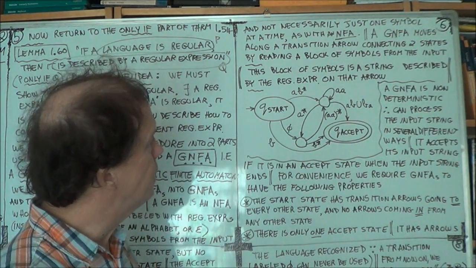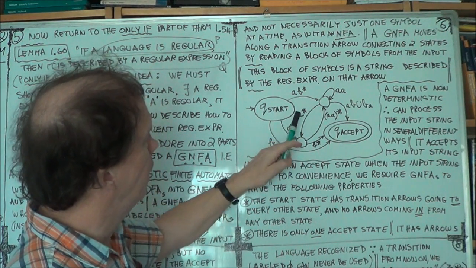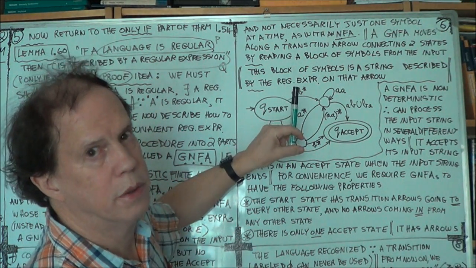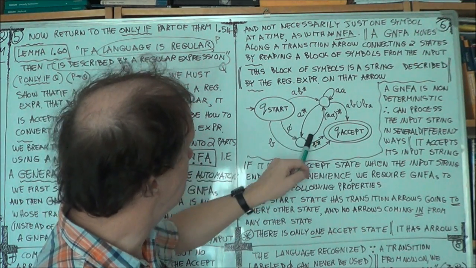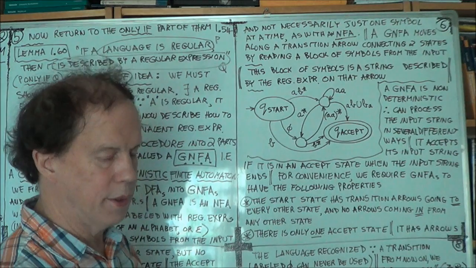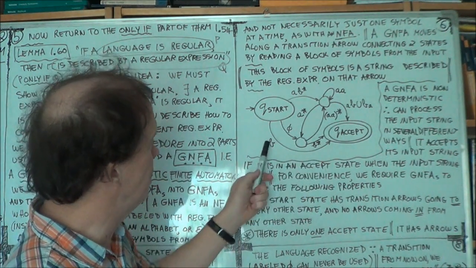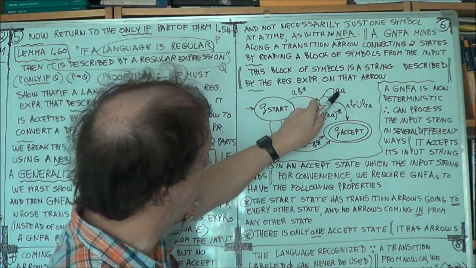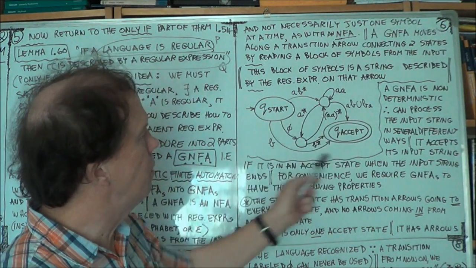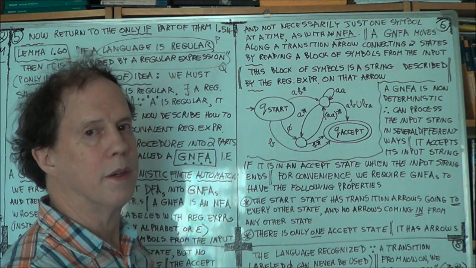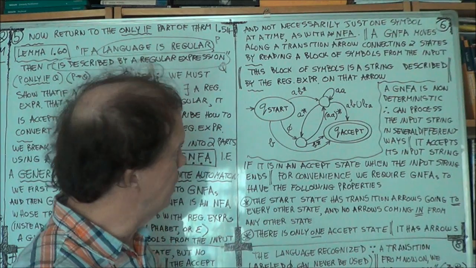So if the labels on your transition arrows are regular expressions, more complex regular expressions, then you know that this automaton is a GNFA, a generalized NFA.